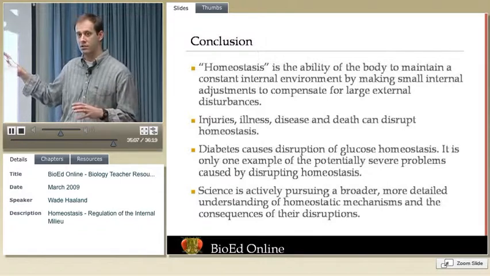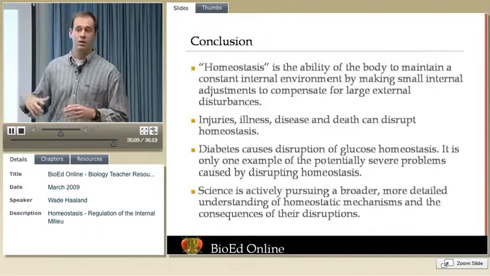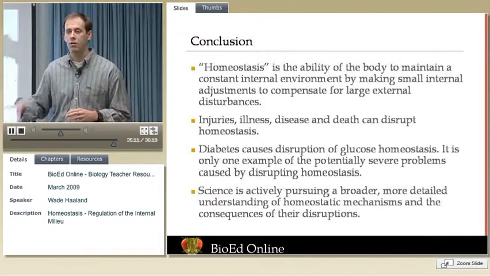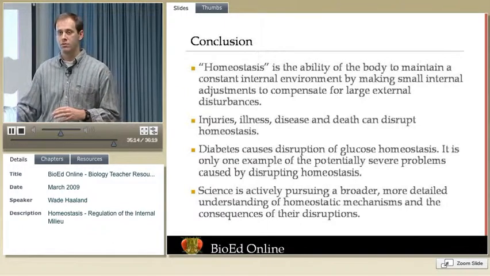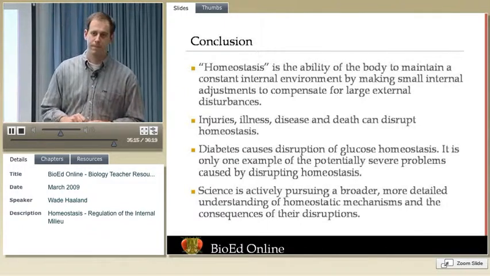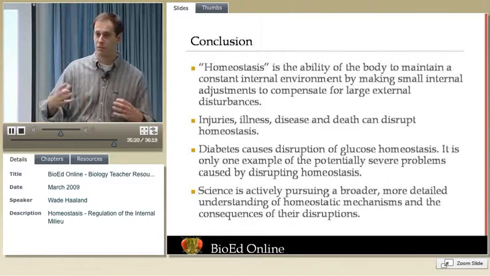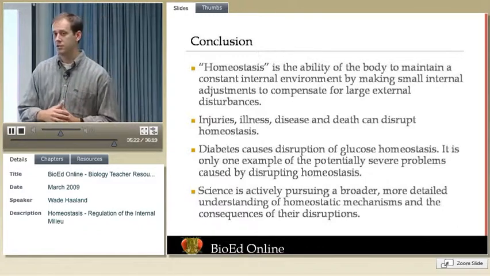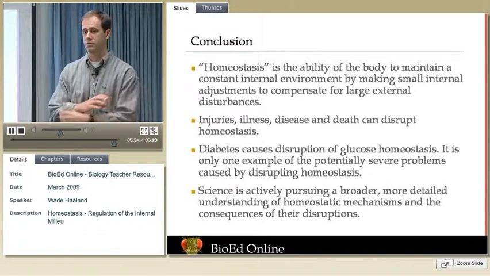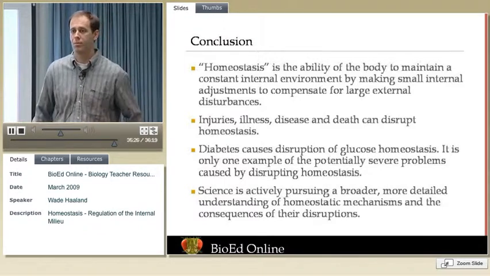If their glucose homeostasis is getting out of whack, they're going to have to cut down on the amount of food they eat or select different types of foods. But a person's ability to deal with what they bring in, their ability to metabolize things, is a huge component of diabetes, a huge component of all homeostatic systems.